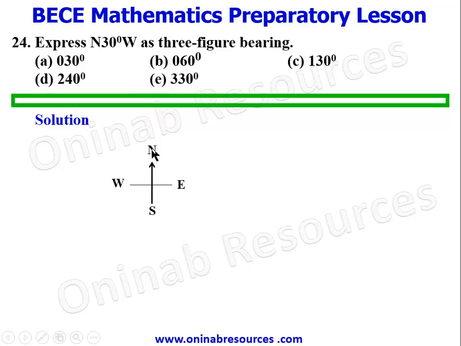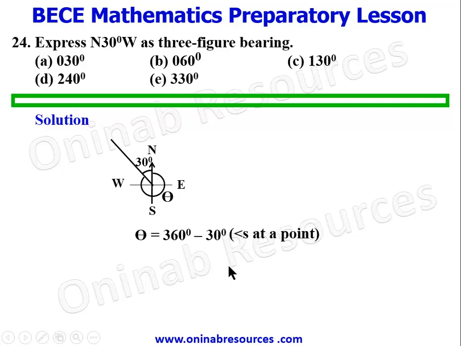North, this is north 30 degrees, so we have 30 degrees. And to the west, that's the line there. And in 3-figure bearing, we start from the north and move clockwise until we get to that line. So we are looking for this angle here. Let's call it theta. So since theta plus 30 is 360, we will say theta will be equal to 360 minus 30 degrees.